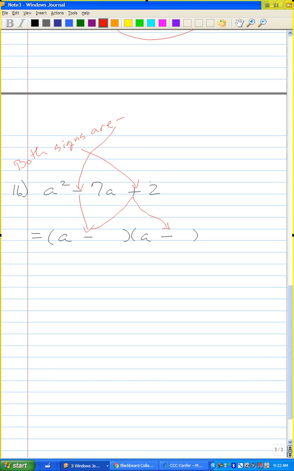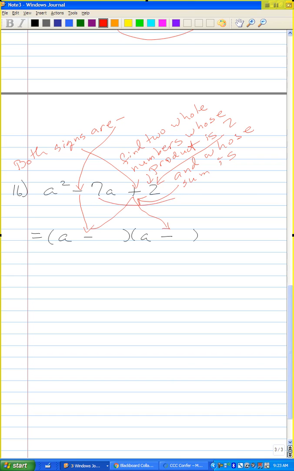And so I want to find two whole numbers whose product is 12, because there's a 12 here, and whose sum is 7.